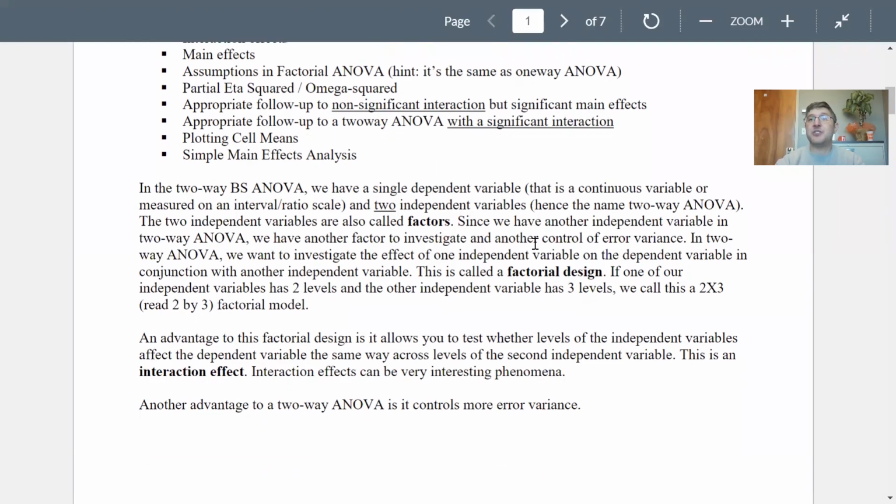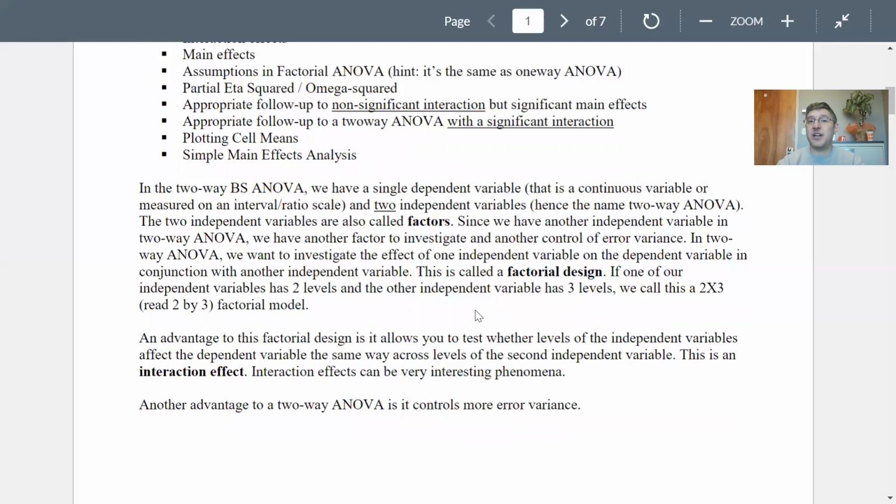If one of our independent variables has two levels and the other has three levels, we might call this a 2x3 factorial design. It's just saying that one independent variable has two levels, the next independent variable has three levels.